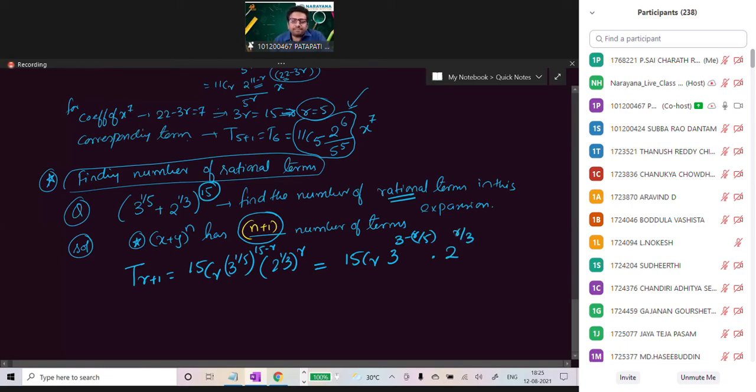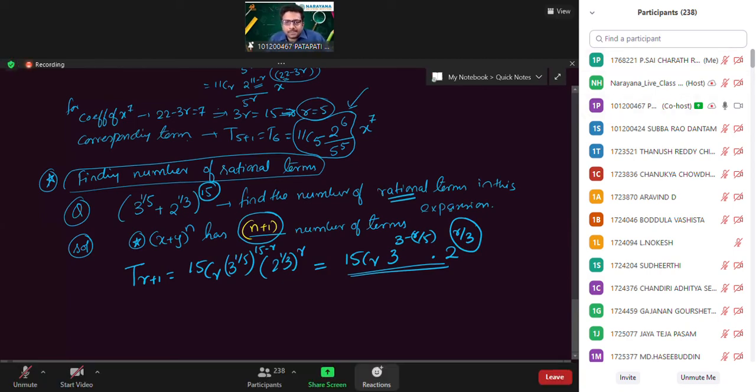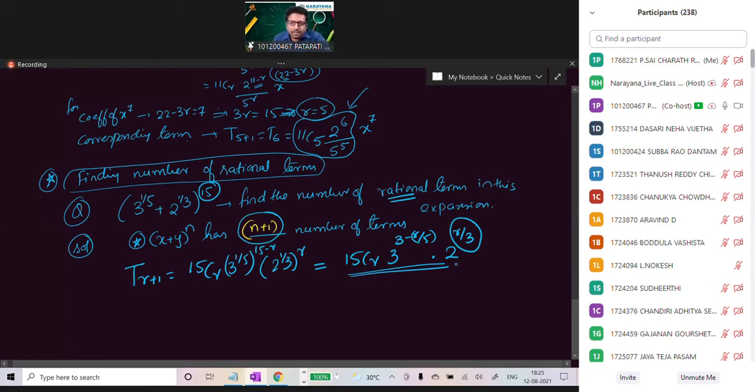Now, for the term to be rational, it should not have irrational parts. If you have fractional powers, those are radicals and those are irrational. For example, if r is equal to 1, 2 power 1 by 3 is the cube root of 2, which is an irrational number.